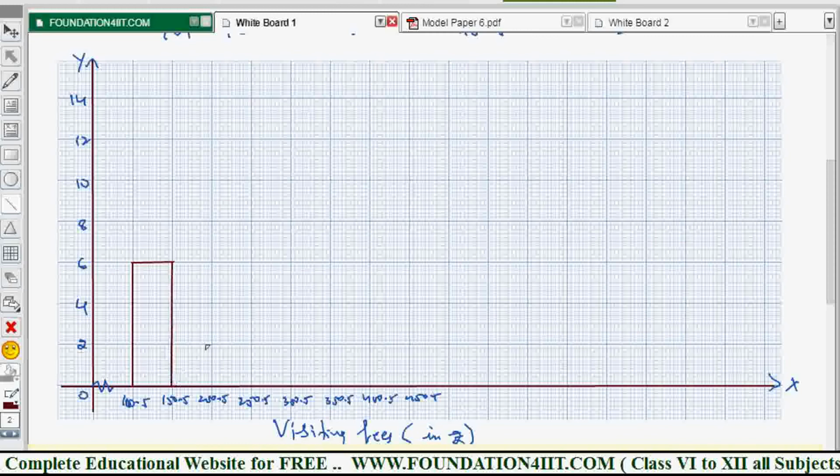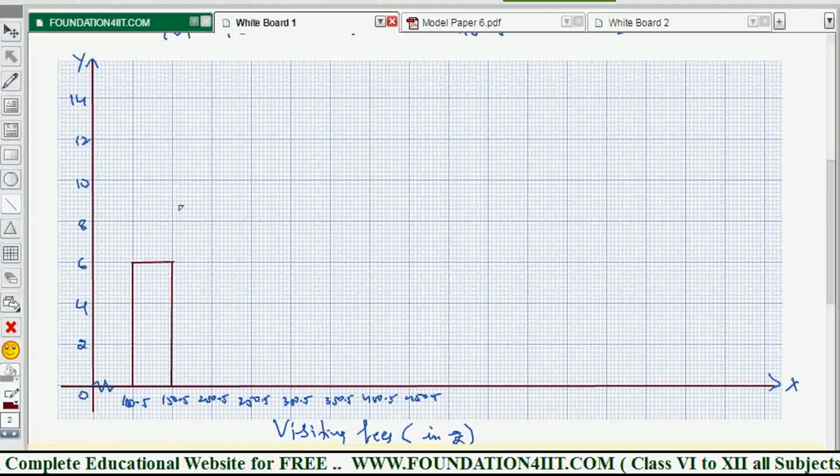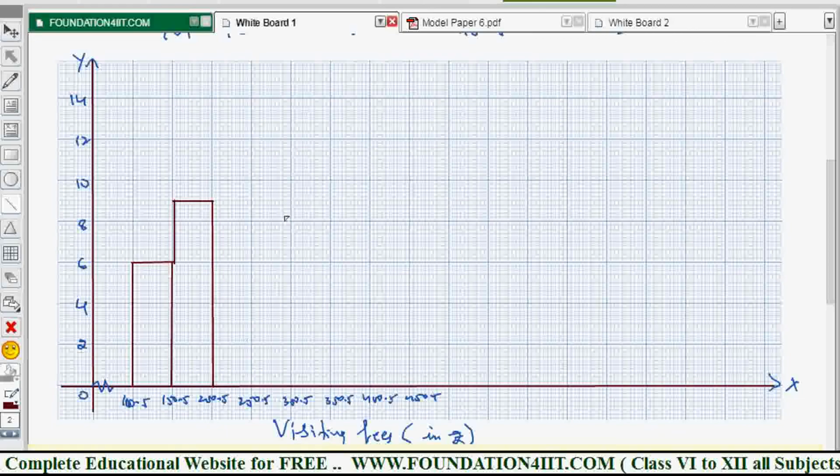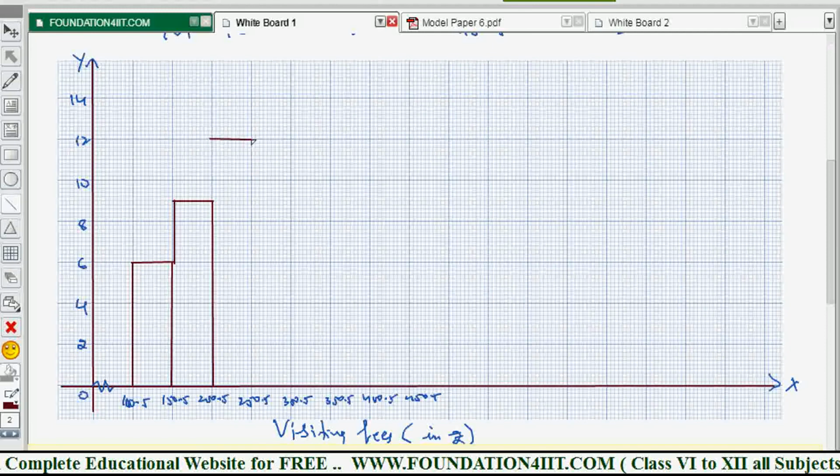Next is 150.5 to 200.5 is 9. Means between 8 and 10 is 9. Just join. After 9 it's again 12. So from the question, just draw the bar.